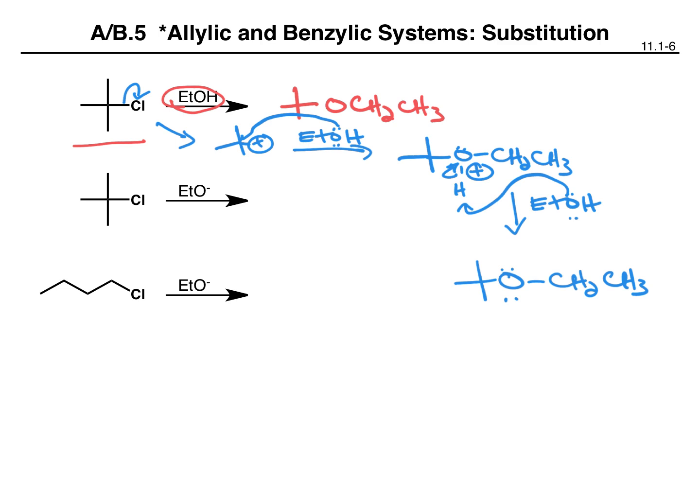This reaction overall is a substitution because chlorine is replaced by the OCH2CH3 group, so this is a way to make an ether. It is nucleophilic because the ethanol acts as a nucleophile, and it is unimolecular because this first step, the formation of the carbocation, will be the rate determining step.